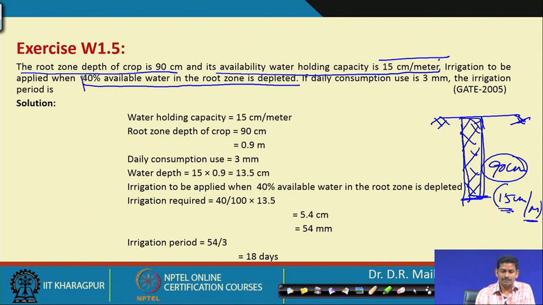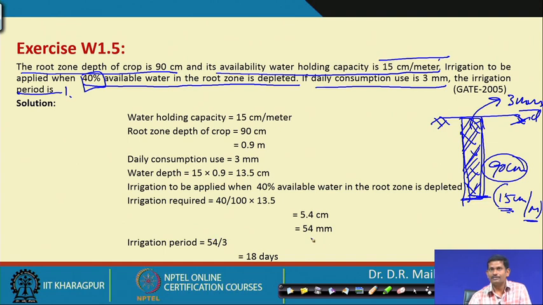Now, think about 40% of the available water of this reservoir being depleted. And if the daily water withdrawal from this reservoir is 3 mm per day, then how many days until you need to give irrigation?